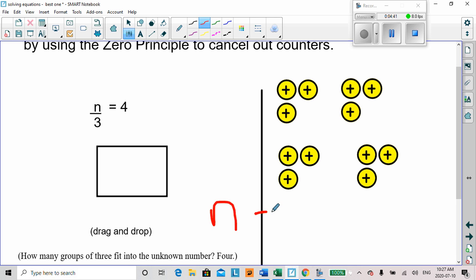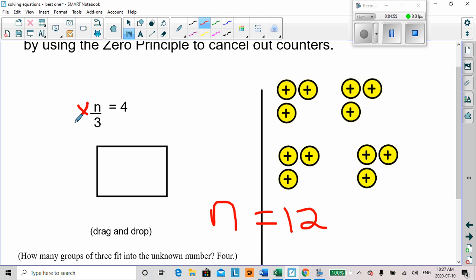This answer then is n equals 12. It might be easier in this case to look at this as we're going to do the opposite operation to get rid of this divide by 3. The opposite to divide is multiply.